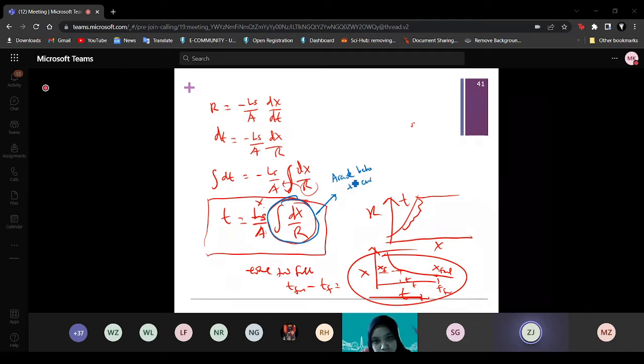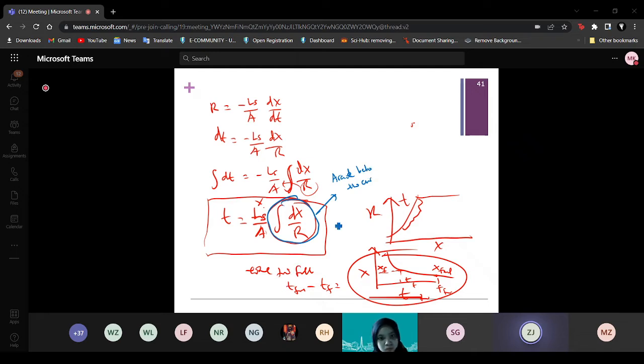This one is back to your numerical methods. You learn about numerical methods, about the Simpson rules, a few methods of integration, a few numerical methods to find the area below the curve or below the graph.